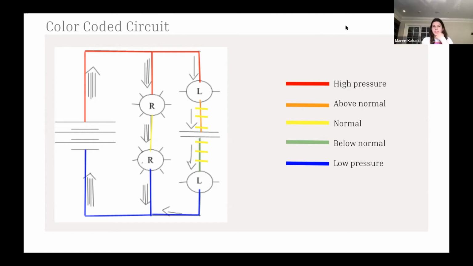Would it be red, continuing down, because the light bulb isn't taking in the energy anymore? Yeah. Why is the light bulb not taking energy anymore? Or why is it becoming red?